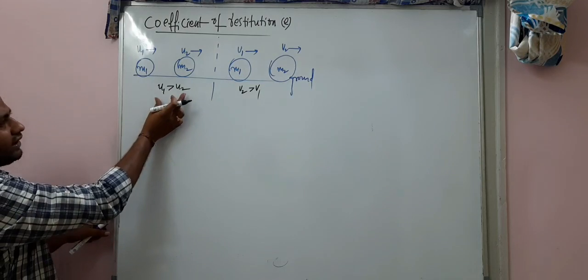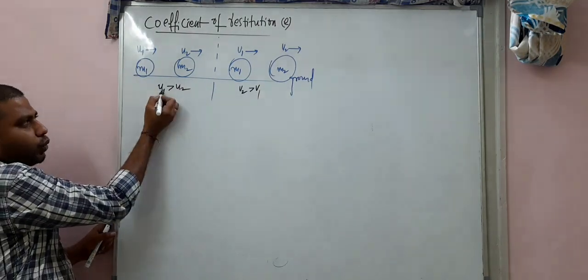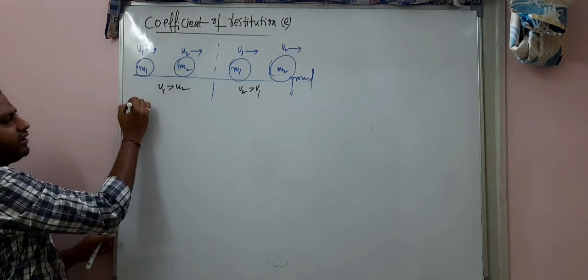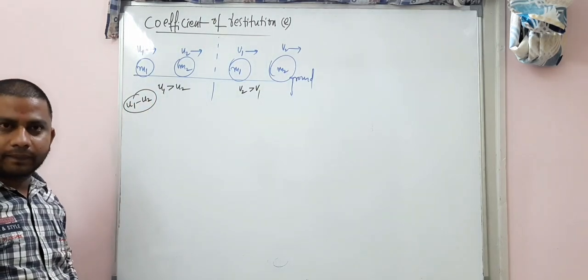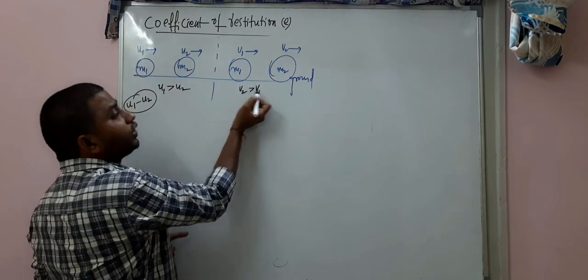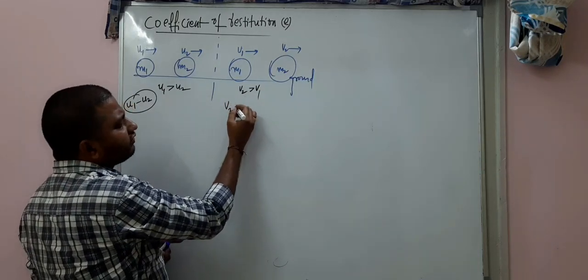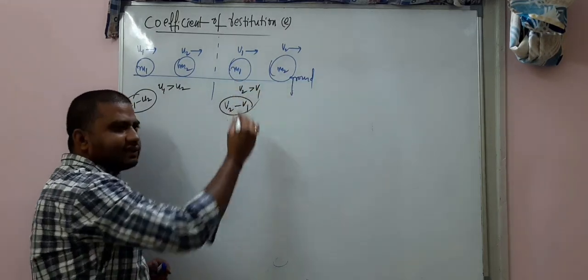I am just writing the relative speed here. As u1 is greater than u2, I write u1 minus u2, that is the relative speed. And as v2 is greater than v1, I can write v2 minus v1 as the relative speed.